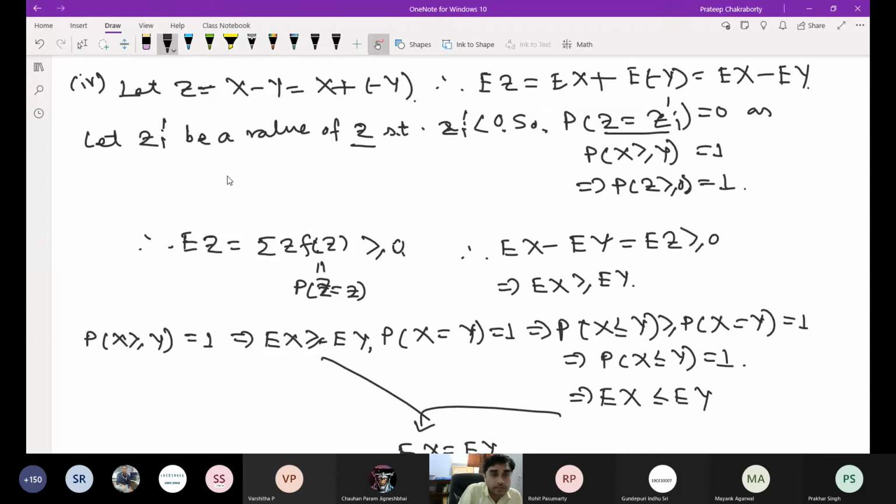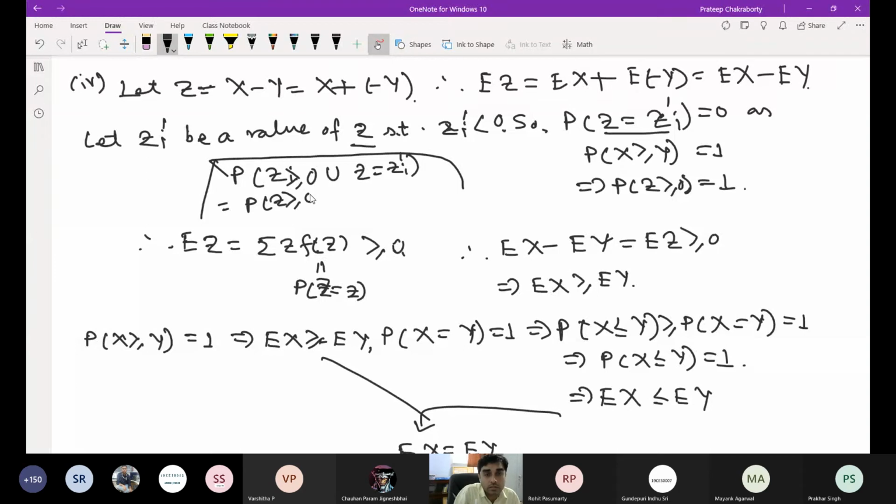Then P of Z greater equal to 0 union Z is equal to zi prime: these are disjoint events, right? Greater equal to 0 and this is negative. So this is equal to P of Z greater equal to 0 plus P of Z is equal to zi prime, because these two are disjoint events.